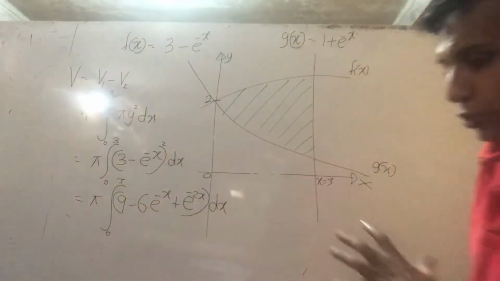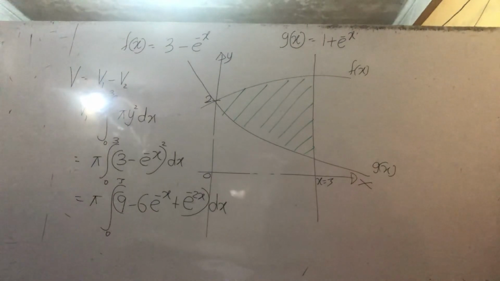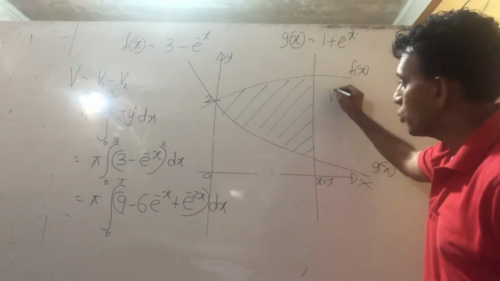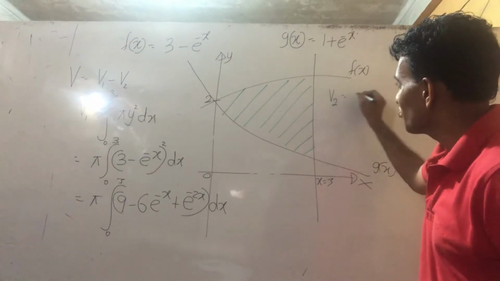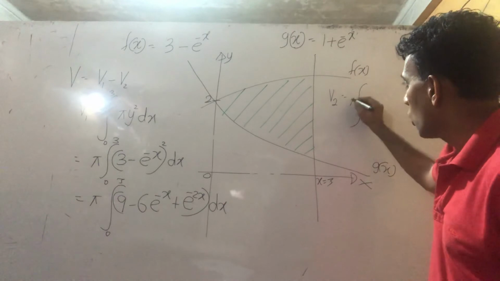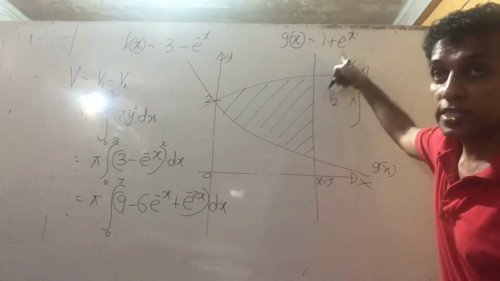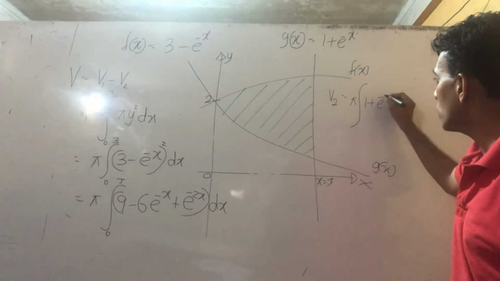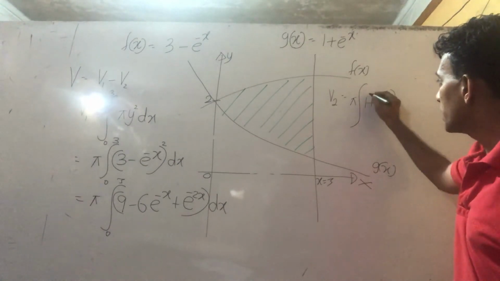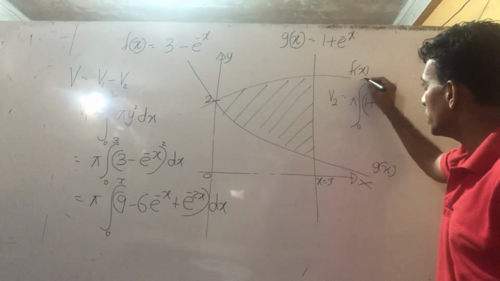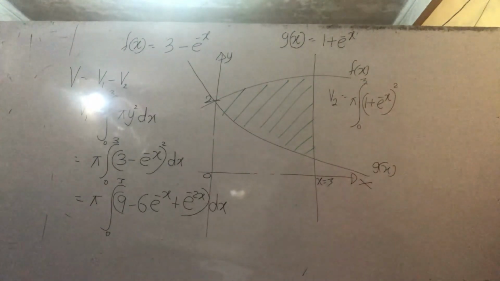Now we come to V2 and simplify that. What is V2 equal to? Integral, same formula. I can take the pi out. Here the y is 1 plus e to the power minus x, squared, boundary 0 to 3.